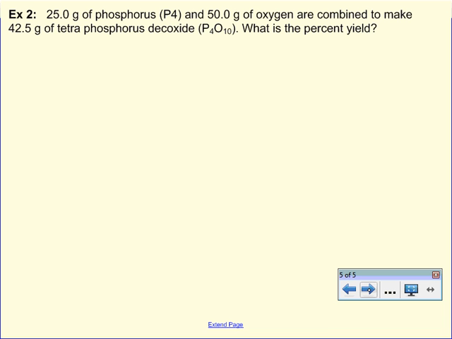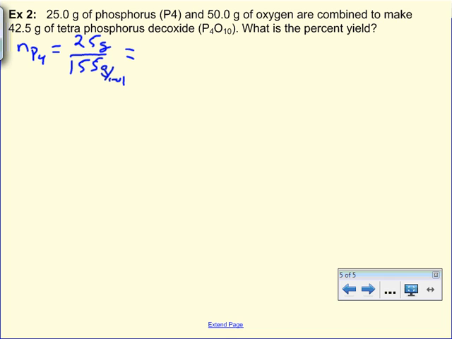So let's first figure out the number of moles. So n for P4 is going to be 25 grams, and the molar mass for P4 is 155 grams per mole.